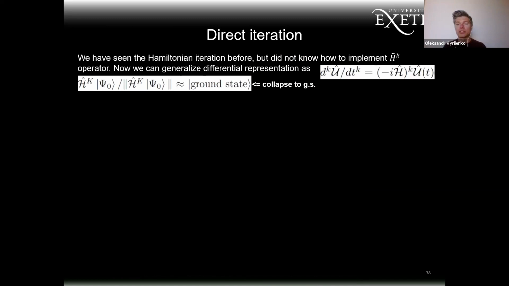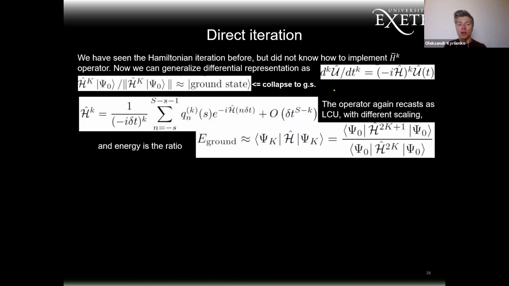Okay, so now direct iteration will use the same idea as before. I will apply powers of H to the k, and what I could write is a differential representation of direct power iteration, and it will be the same structure as before. You just need to measure the overlaps for H to the power 2k and 2k plus 1.